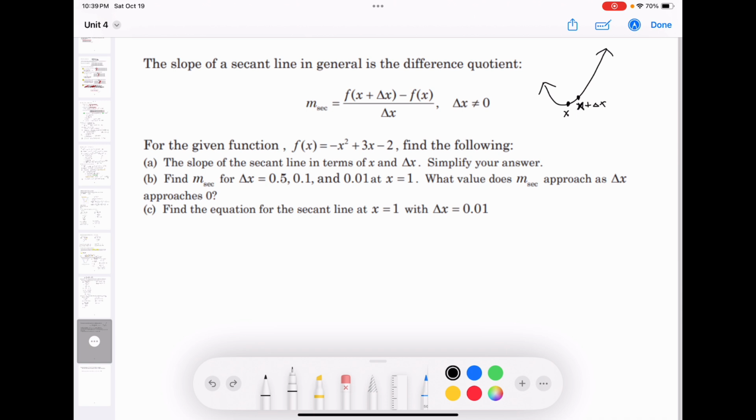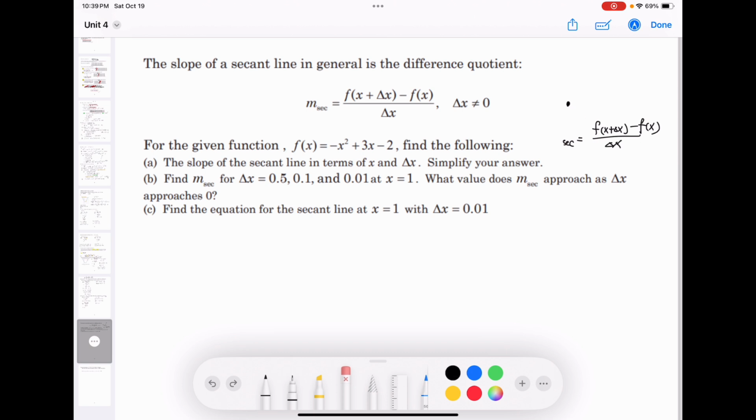And I'm looking for the slope of the secant, which is equal to the second y, f of x plus delta x, minus f of x, divided by the difference between the two x values, second x minus first x, which is delta x. That's how the slope of secant formula comes from.